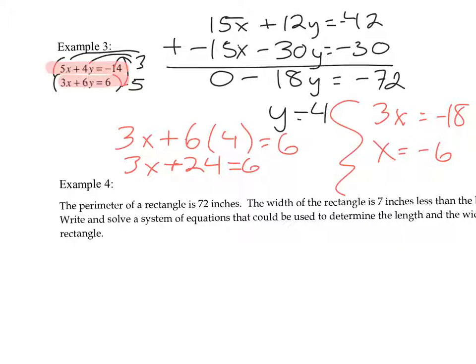So now these two pieces of information, these bits right here, we have our y value and we have our x value. These come together to create the solution, negative 6, 4. And that right there is our answer. So boom, this one is done.